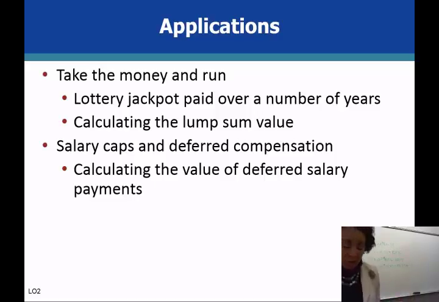Zoe can take one lump sum, or Zoe can take $5 million per year for 20 years. And it's $100 million.